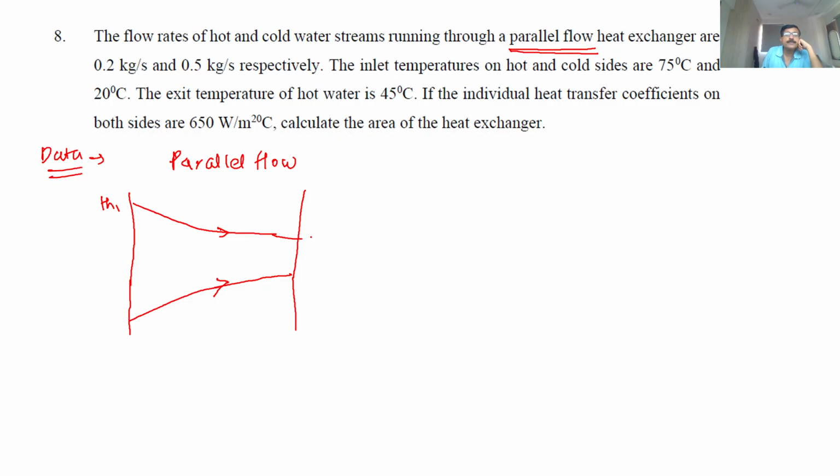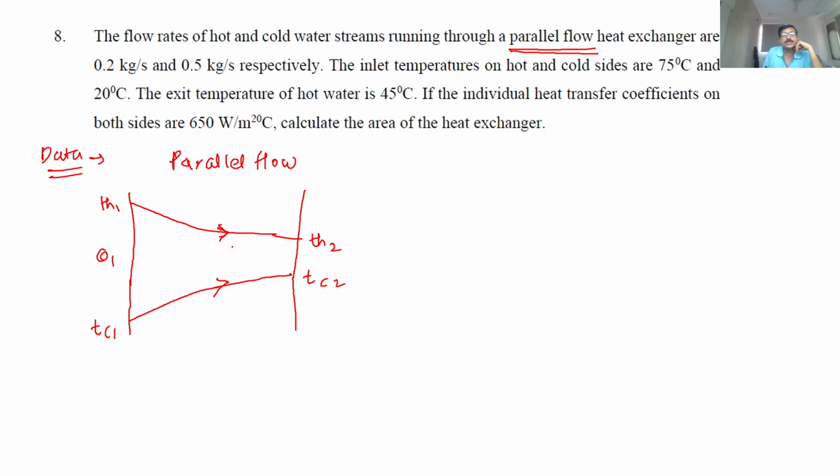This is TH1. This is TH2. Hot fluid is exchanging heat, which means the temperature of the hot fluid goes on decreasing. TC1 and this one is TC2. The temperature of the cold fluid is increasing. And see here why it is a parallel flow temperature profile: both the fluids have entry from the left side and both the fluids have exit from the right side.